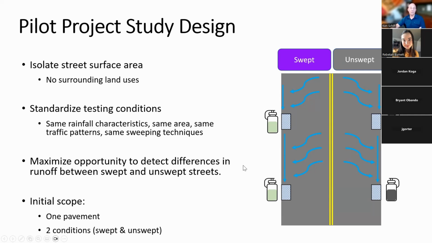That way you make sure you have the same type of street materials, same type of traffic, those types of things. So that's pretty important. And then you want to standardize the testing conditions: the same type of rainfall, same intensity, same antecedent dry period, and the same sweeping techniques.